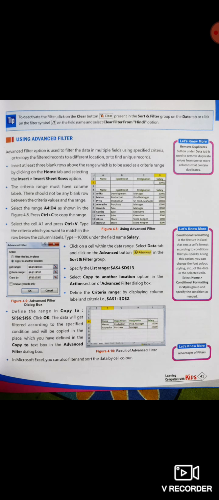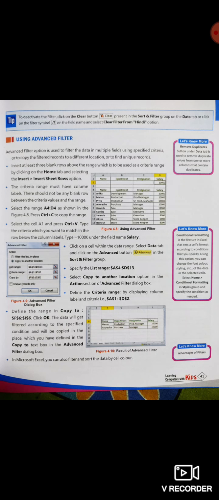How can you insert blank rows? By clicking on the Home tab and then selecting the Insert option, and from that Insert option you have to click on the Insert Sheet Rows option. This is how you can insert the blank rows. Now the criteria range must have column labels. So every column should have its label.